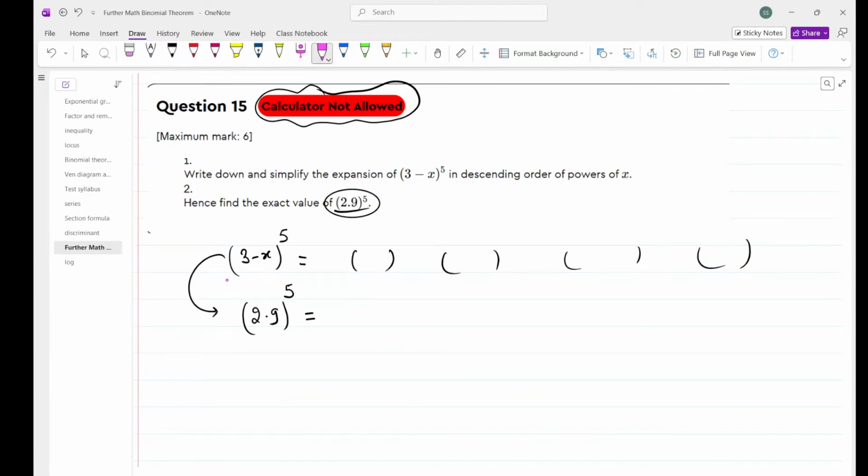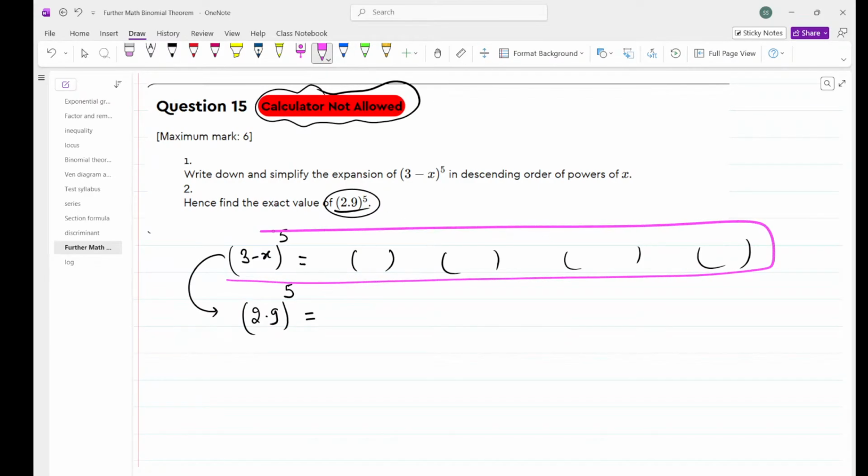See, basically, this expansion or any binomial expansion is an identity, right? What is the meaning of identity? Identity means this is true for all values of x. You can put any value of x. So now think what I should put for x here so that this becomes 2.9.